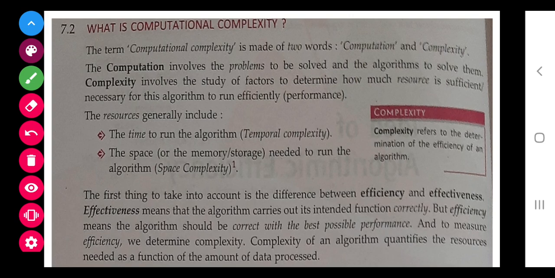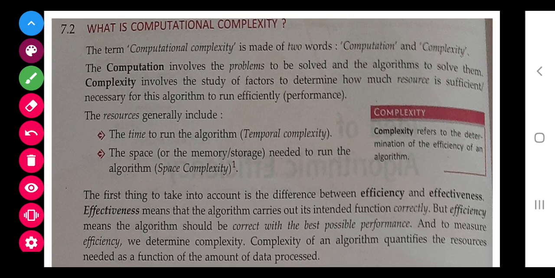And complexity is the measure of how many resources are sufficient or necessary for a particular program to run, or for its performance. Simply, you can say computational complexity is how to solve a problem, which algorithm is to be used, and how many resources are sufficient to solve the problem.